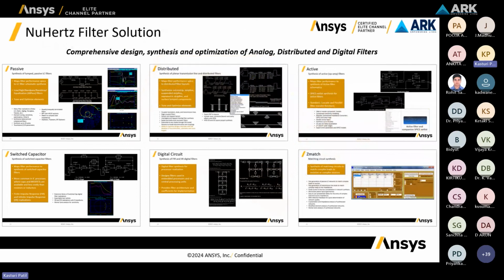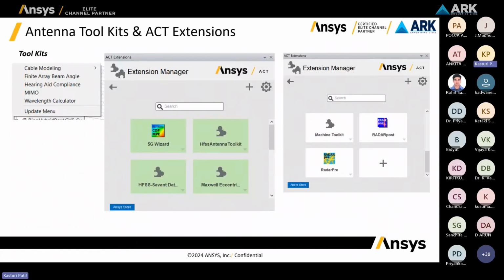Next is Nuhertz Filter Solutions, where again this is used for filter designing only. Once we open this, if time permits, I'll show how we can design this part in Nuhertz filter. This is one of the important tools you all have used, I guess: the antenna toolkit and ACT extension, where a number of antennas are available.